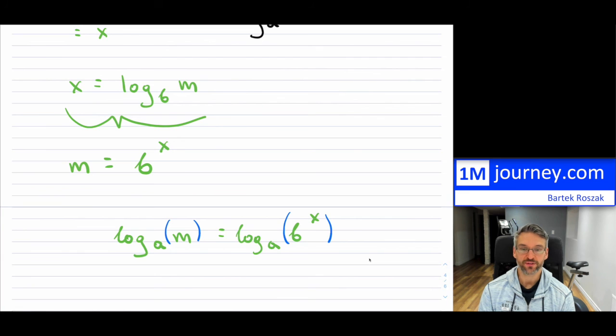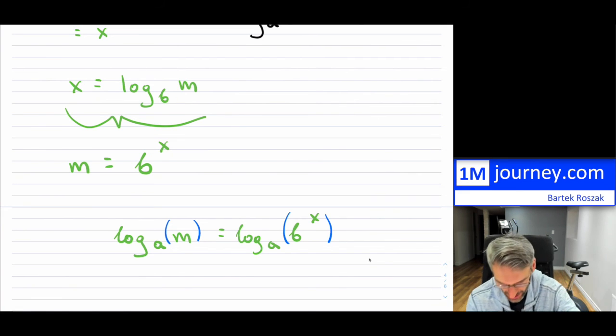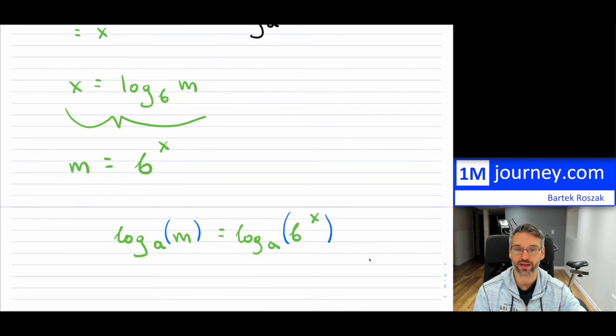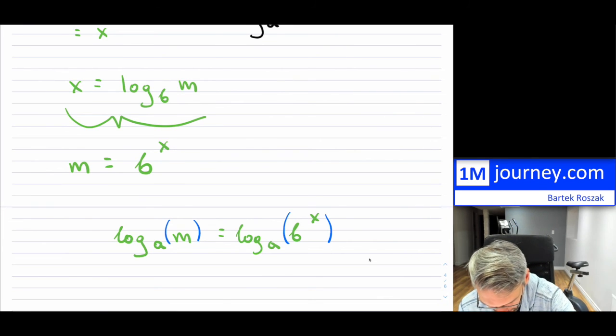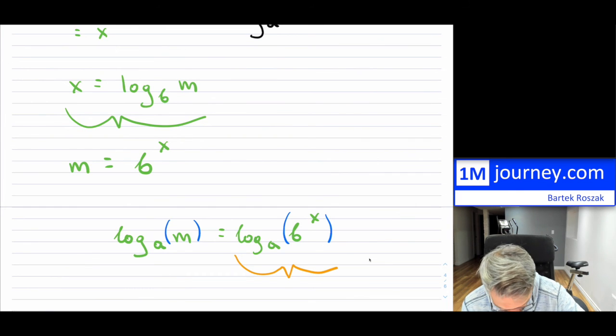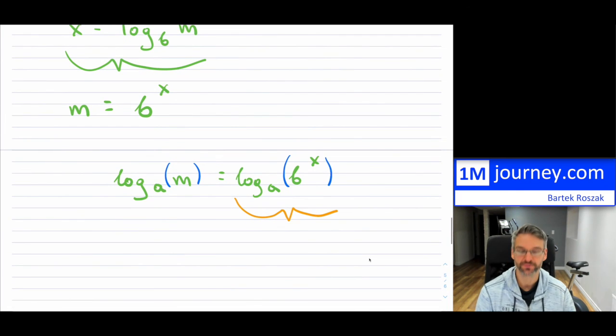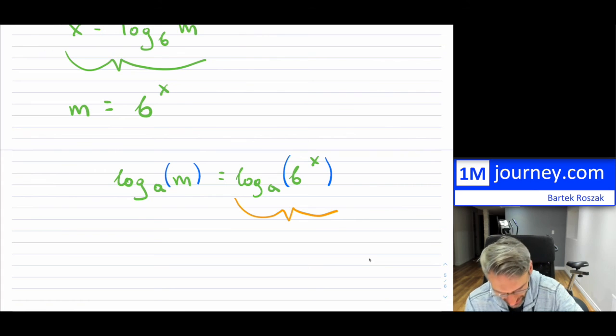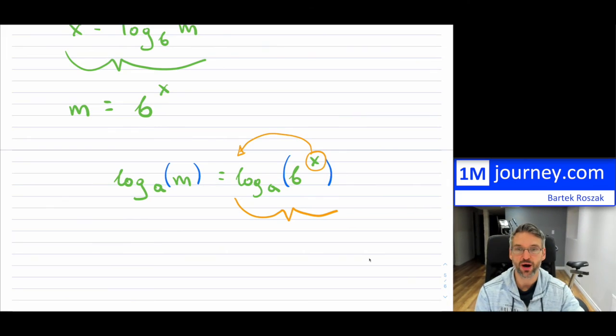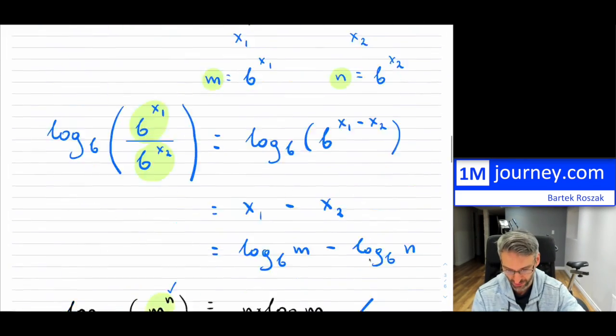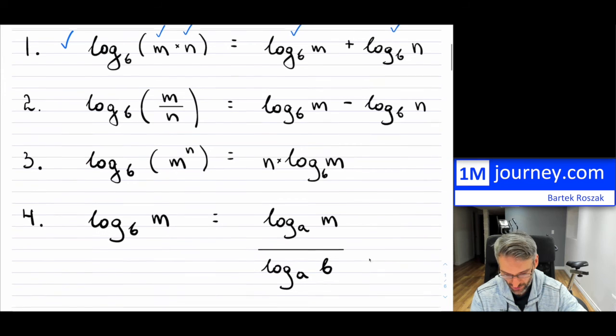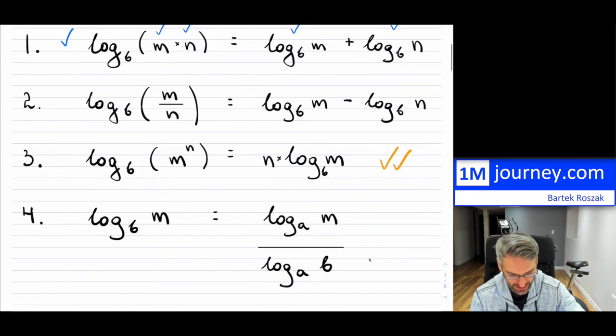Now I notice, interesting, that in the last property, on the right-hand side, my x is in the exponent, which means I can drop it in front. That's what that property tells us.